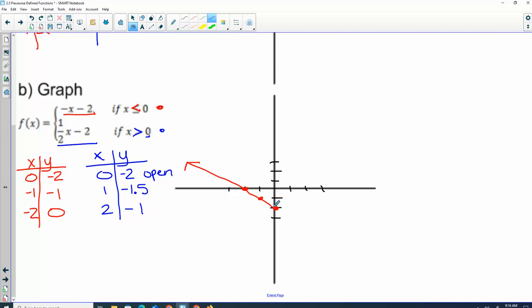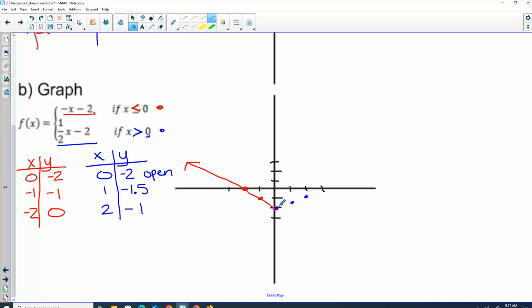What happens if you end up with, at 0, negative 2, we already have a closed circle. If you have an open and a closed circle at the same spot, what do you do? We just leave it closed. Okay, don't try to like draw an open circle around it. If one piece fills it in, it's a closed circle. Then we have 1, negative 1.5, 2, negative 1.